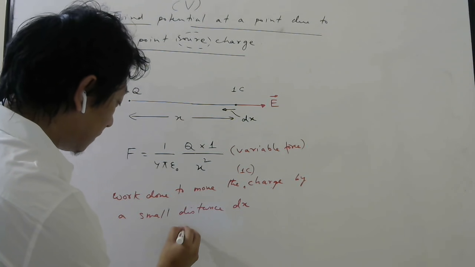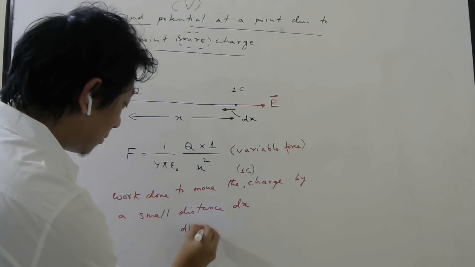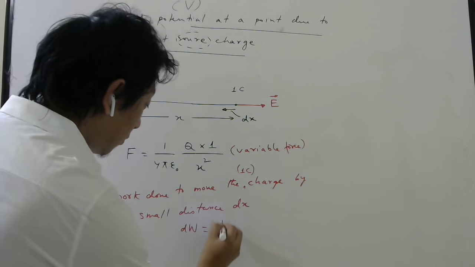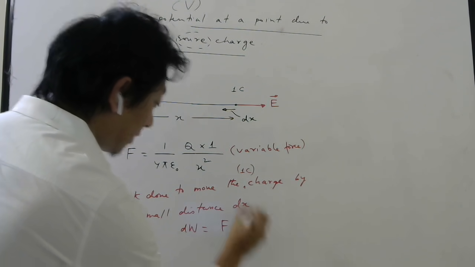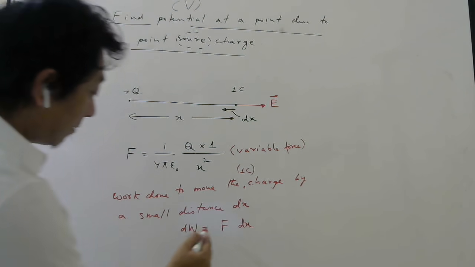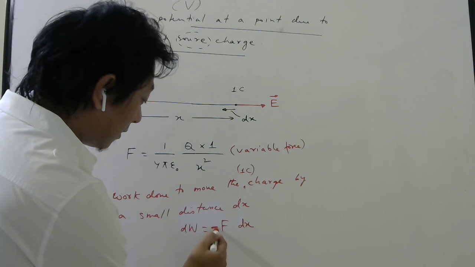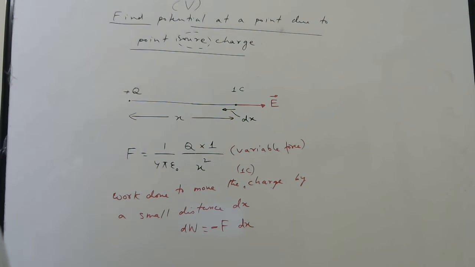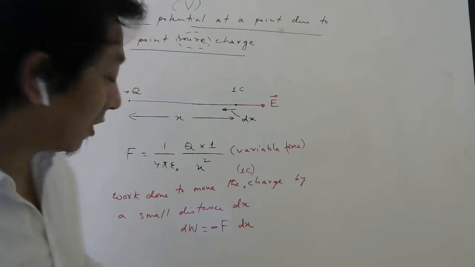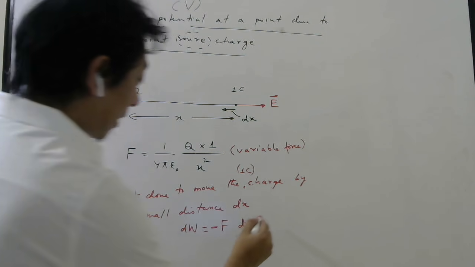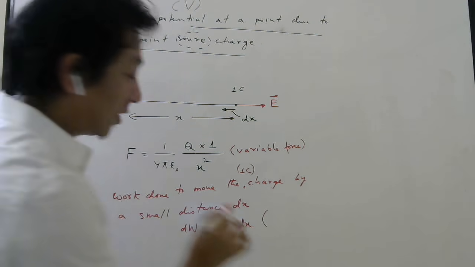That will be dW, which is a small work done. That will be force into displacement. However, you will see a minus sign in the derivation. The textbooks and all will write a minus sign. Now the reason for the minus sign, that in the exam what you have to write is this.